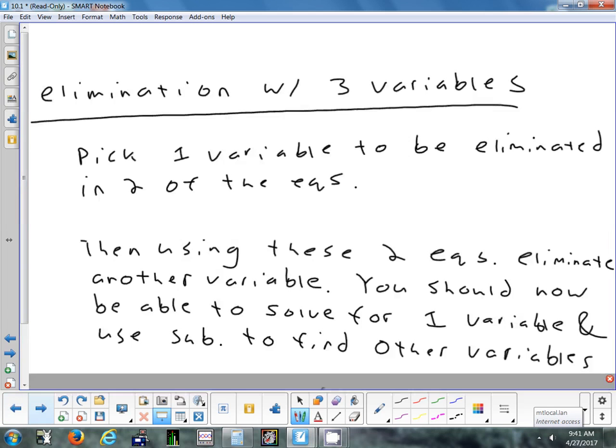And you solve that just the way we did before. The only extra step is when you're done, you have to substitute back in a couple of times. You've got to find x, then substitute back in to find y, and substitute back in to find z. So just don't forget to find the third letter.